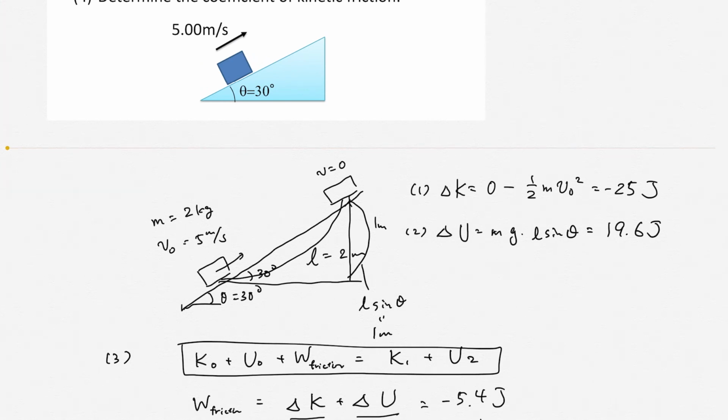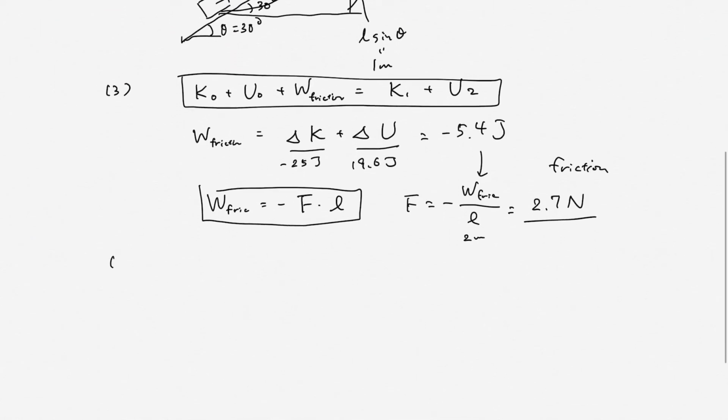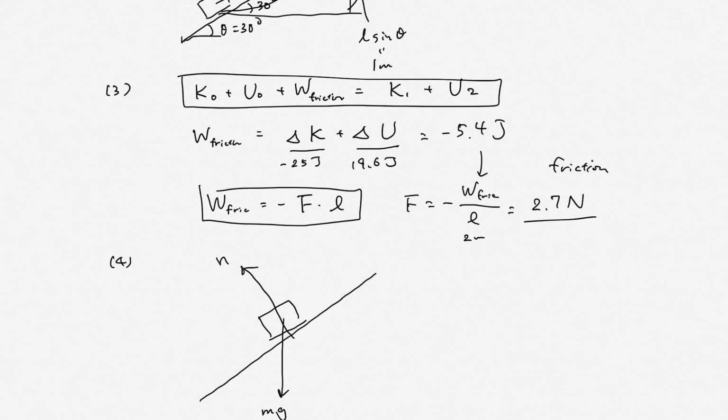And the fourth question, determine the coefficient of kinetic friction. So question number 4. We'd like to draw the free body diagram of the object. Gravity and the normal force.